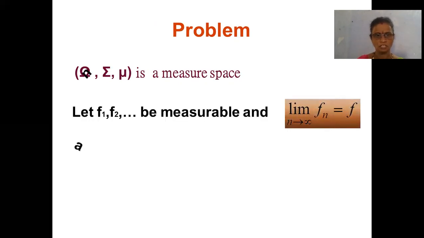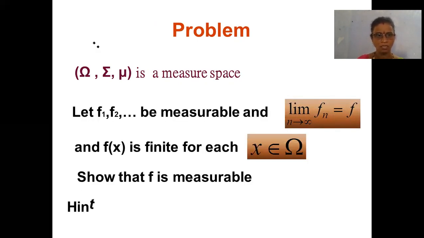Next, we are going to see one problem. Omega, sigma, mu is a measure space. Let f1, f2, etc. be measurable and limit as n tends to infinity of f_n equal to f, and f of x is finite for each x belongs to omega. Show that f is measurable.